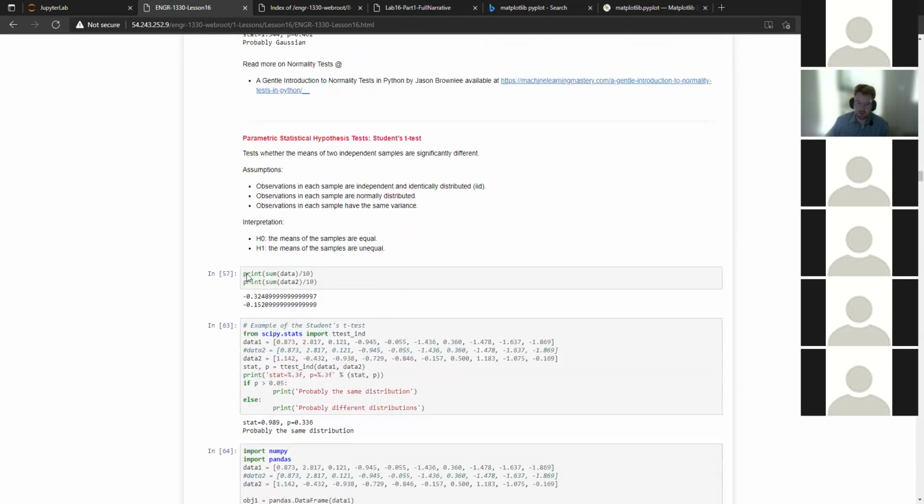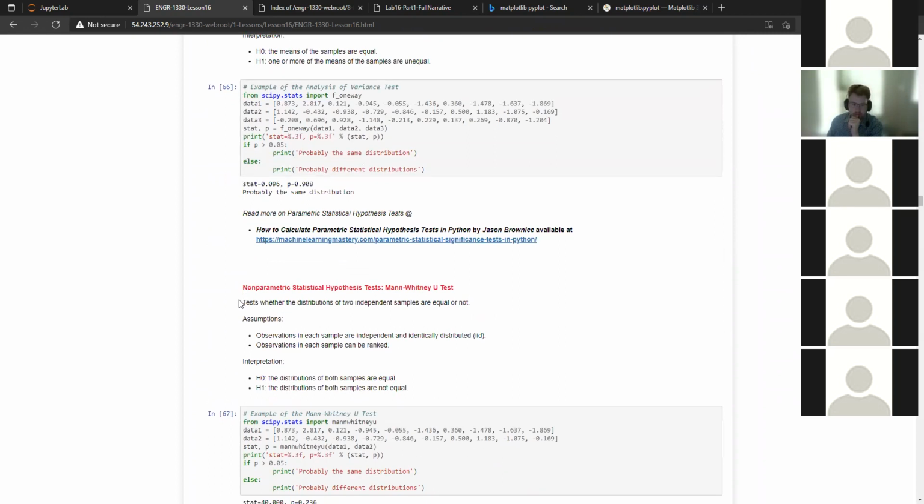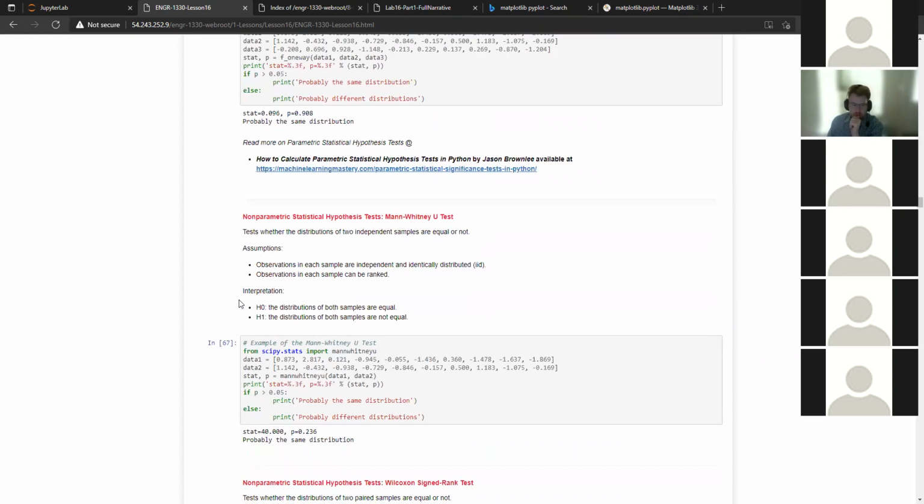Let's take a look at our non-parametric tests and see which one we like. I think this is the first one. Oh, so I asked, what is the difference between a parametric test and a non-parametric test? Because we lose power when we switch from parametric to non-parametric.